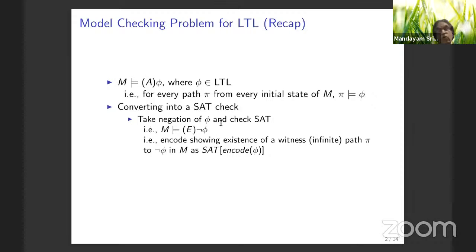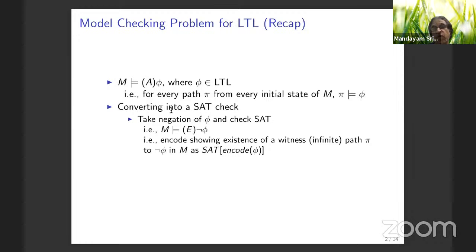In general, not only SAT-based checking but even general LTL model checking using the tableau method or the automata-based one, which we will discuss in the next class or two, especially if you want to convert into a SAT problem, works like this.